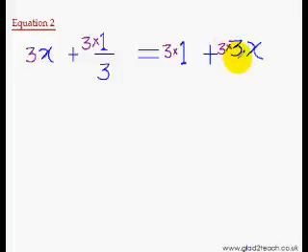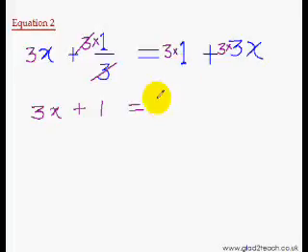Now, as soon as we do that, this 3 in the denominator, which was giving us trouble, immediately cancels out. And now this is a very easy equation which you are already an expert at solving, isn't it? I'll put down this equation: 3x plus 1 equal to 3 plus 9x.